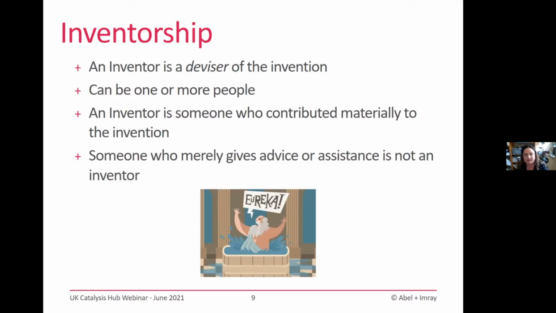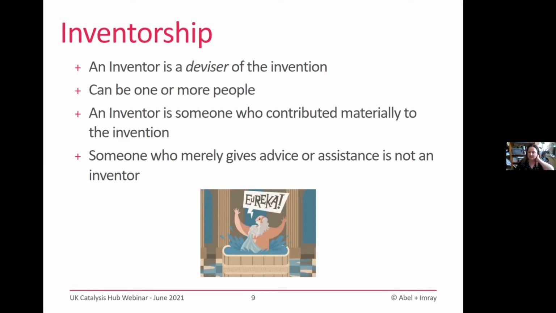Someone who further developed or improved the original concept would also likely be named as an inventor and an author on a paper. But someone who followed their supervisor's instructions, conducted experiments that they were told to do, and didn't bring any new ideas to the table, would most probably be named on a research paper, but wouldn't probably be deemed to be an inventor on a patent.